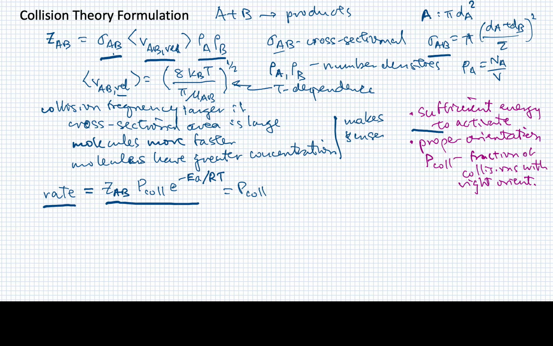We'll have P coll, and I'm going to write out Z_AB because I want to focus on the different parts of this. So we'll have 8 k_B T over pi times mu_AB to the 1/2, and we'll have e to the minus E_A over RT times rho_A rho_B.